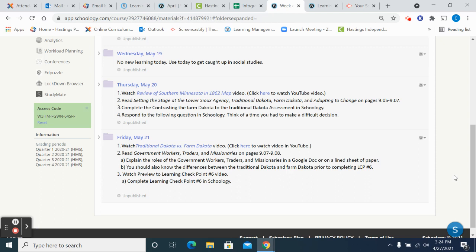All right, before we get to learning checkpoint number 6, I want to make sure you understand the roles of different groups of people during the U.S.-Dakota War of 1862. You should have read earlier about the government workers, the traders, and the missionaries, and you were asked to explain those roles either in a Google Doc or on a separate lined sheet of paper.